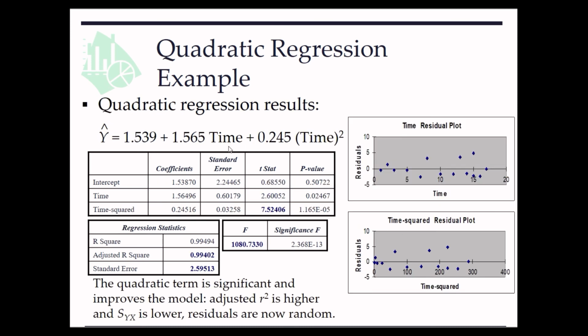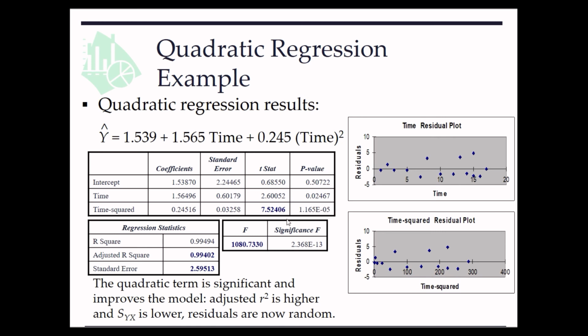If we use a quadratic regression model, we have the following equation. Here we have the p-value for the t-test of the squared term slope. It's close to 0.